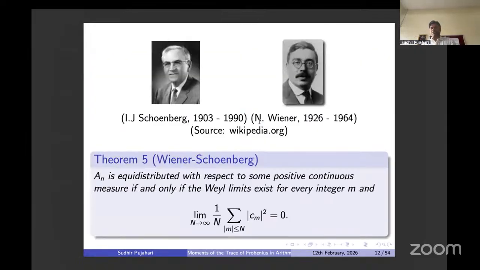And for set equidistribution, in this setting, in 1924 Wiener and 1929 Schoenberg, independently, showed a Weyl criterion kind of thing, which says a finite multiset, or a sequence of finite multisets A_n, is equidistributed with respect to some positive continuous probability measure if and only if, first of all, the Weyl limit exists. What is the Weyl limit?